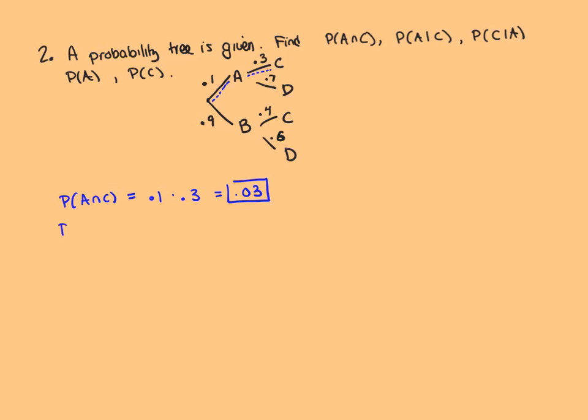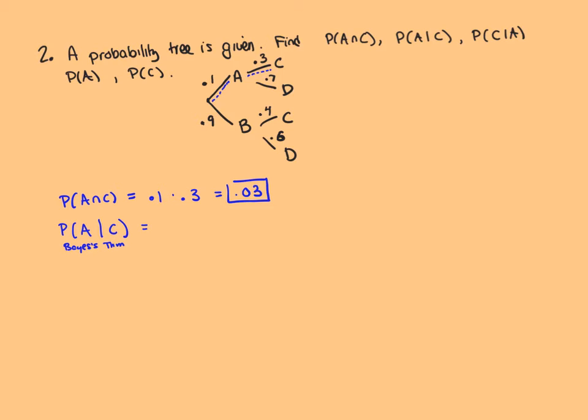Next, I want to find the probability of A given C. This is one where I need to use Bayes' theorem because I haven't broken things down by C first. I've broken them down by A and B first.